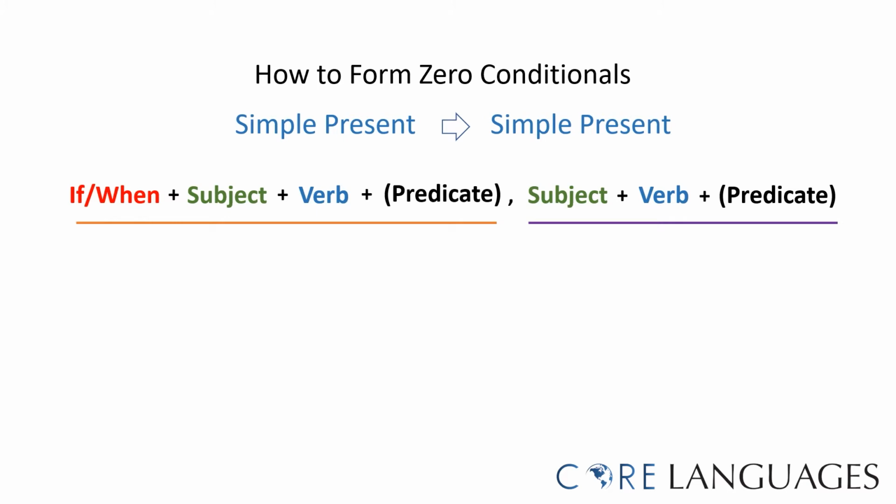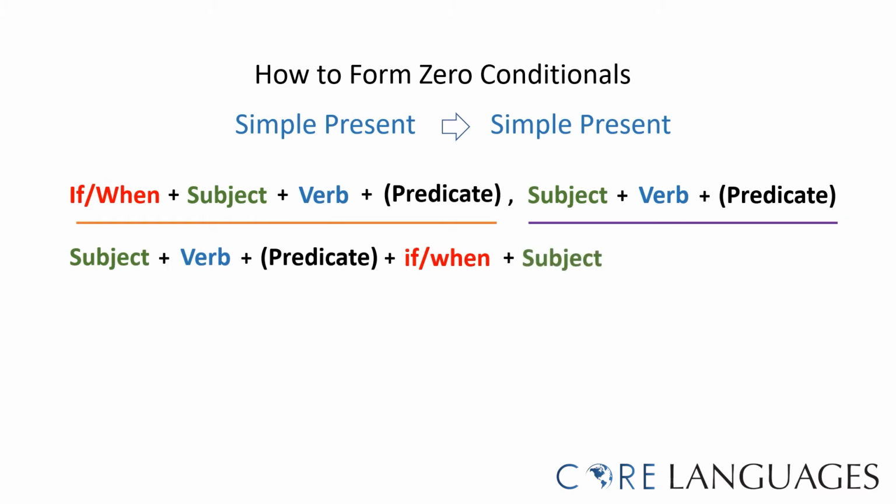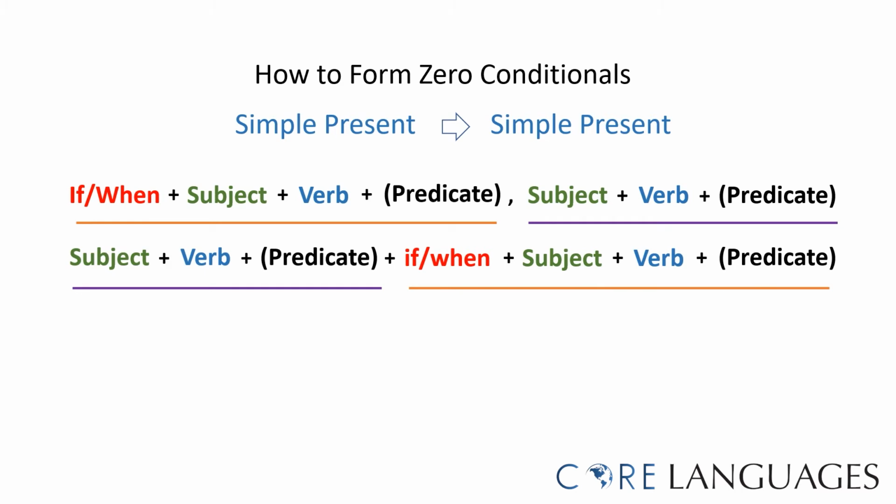We can also start with the main clause, subject, verb, and predicate, and then follow with if or when, then the subject, then the verb, and the predicate. In this example, we started with the main clause and then the subordinate clause. We don't need a comma to separate the two.